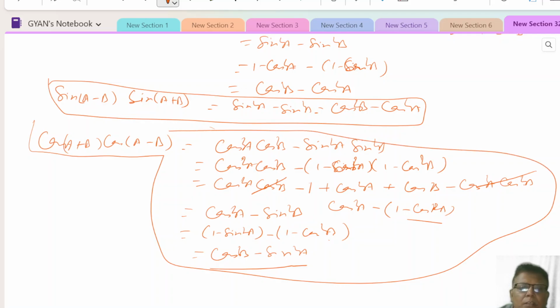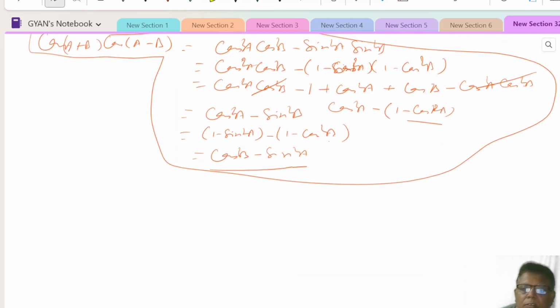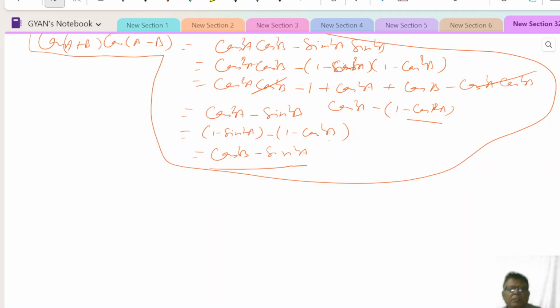So now we'll summarize this and we'll write all the formulas so that you don't get confused. So first we had derived sine 2 theta.